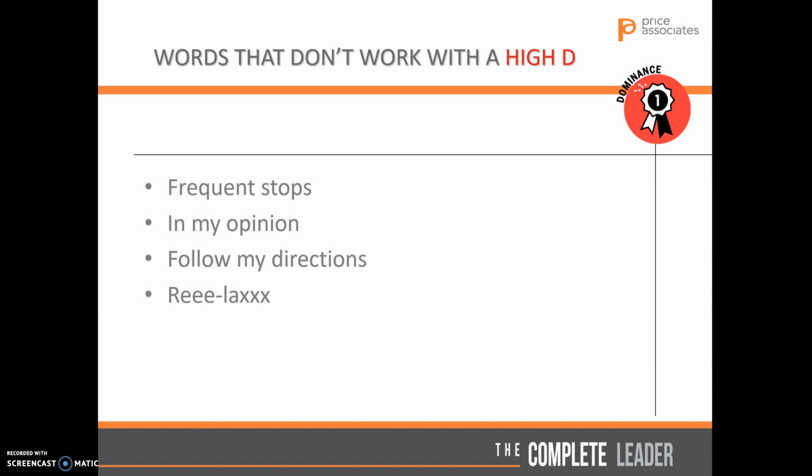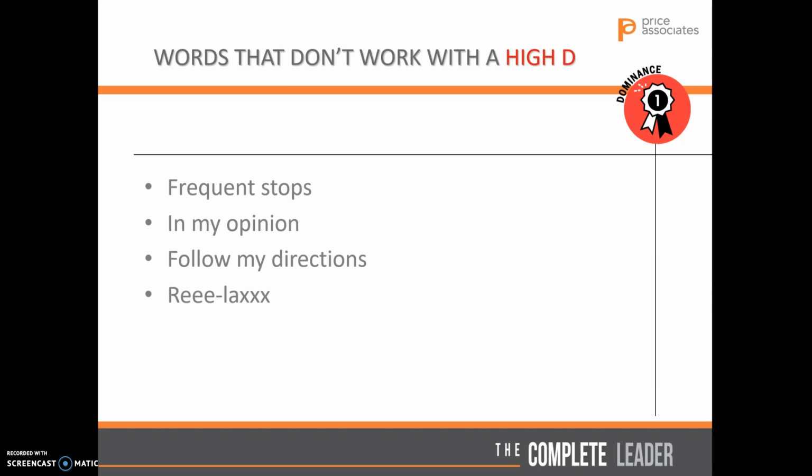A lot of phrases that start with, in my opinion, so that's the opposite of facts. If you are presenting a lot of opinions that don't have proof behind them, that can be frustrating. And if you're asking them to follow your directions, once again, they like to have that control and the need to choose. So following directions of other people can be hard for them. And if you ask them to relax, that can also be very difficult for a high D.